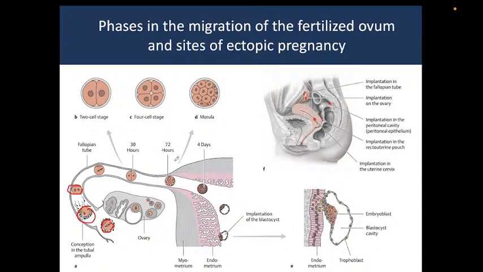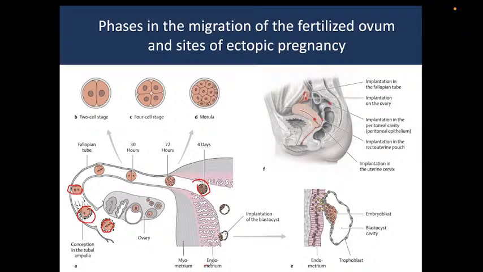It is about 3 days after fertilization, and then 4 days when the fertilized ovum comes into the uterine cavity, and then contacts the mucosal endometrium.